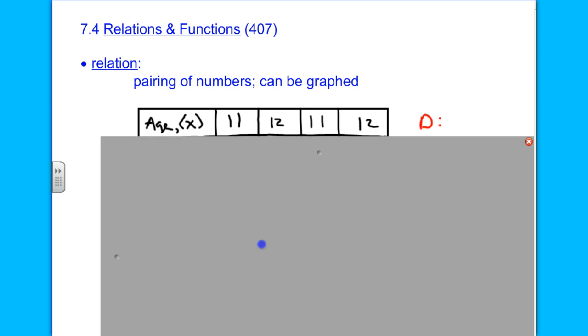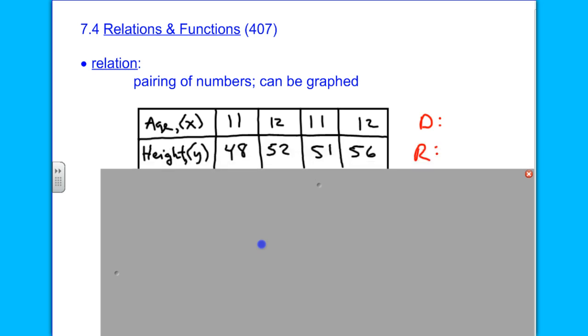But anyway, we could imagine that somebody who is 11 could be 48 inches, or another person might be 51. So there's a little bit of variation, but they're kind of in the same neighborhood. A 12-year-old might be 52 inches, another might be 56. Sometimes we have outliers.